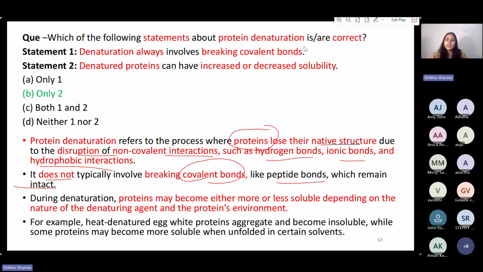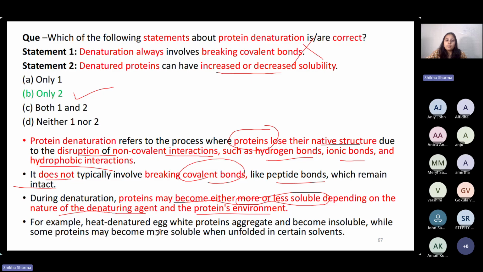So statement one is the wrong answer, because in denaturation only non-covalent bonds are broken. During denaturation protein may become either more or less soluble, depending on the nature of the denaturing agent and the protein's environment. So it can even increase or decrease the solubility. So only two statements are correct.